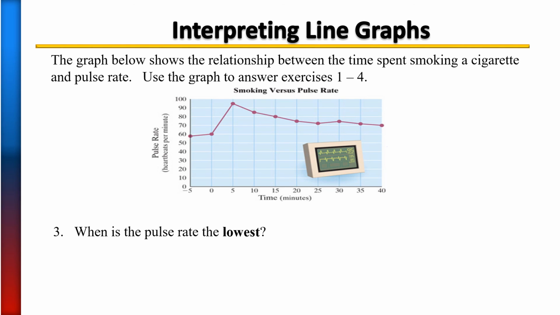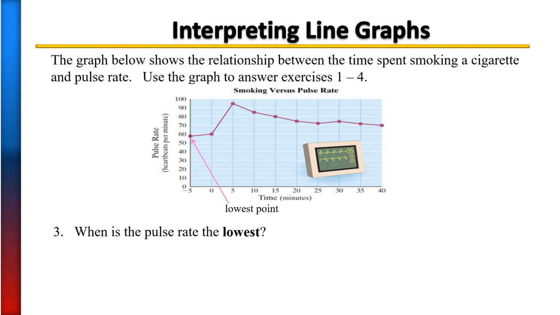In other words, where the line reached its lowest point. And that would be at the very beginning. The line reached its lowest point from time -5 all the way to 0. That was the lowest point of the graph.